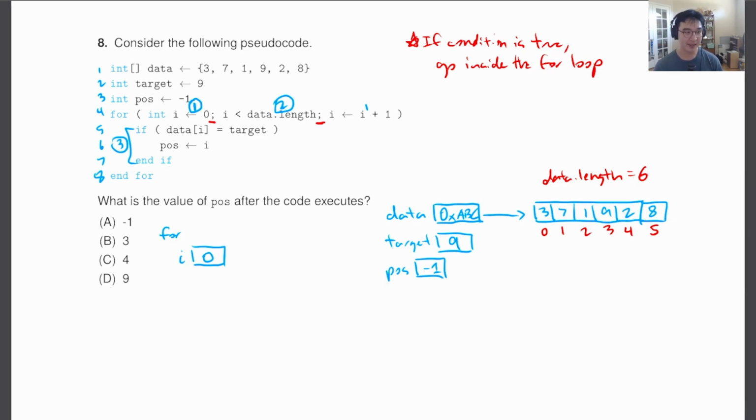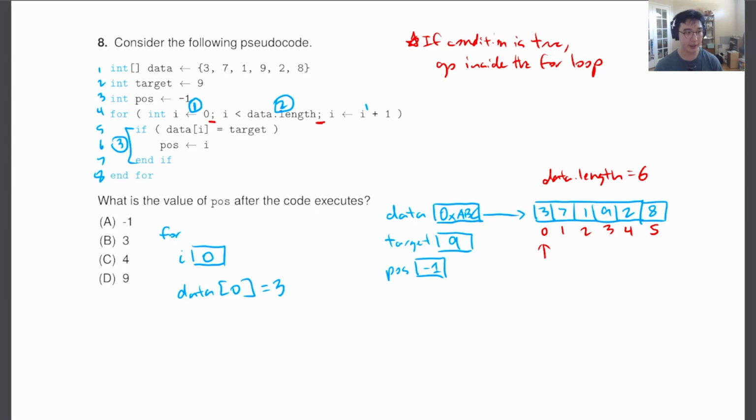But we see that we start at index 0, and we're saying, what is data 0? We replace the I with the value inside I, so we're asking ourselves, what is data 0? Well, that is a value of 3. We see that at data 0, there is a value of 3 there.